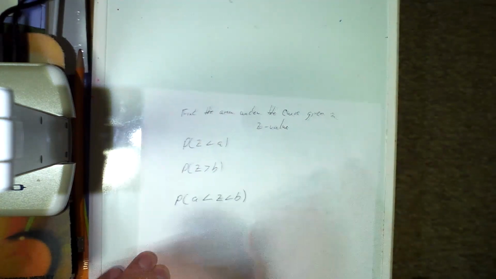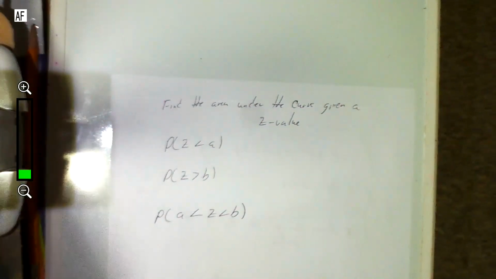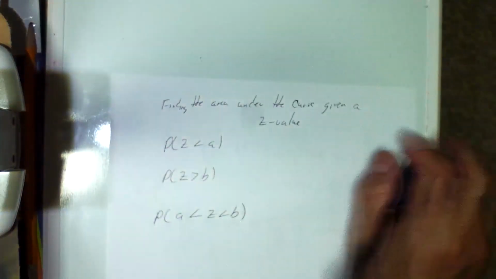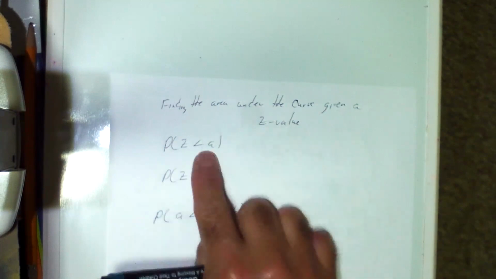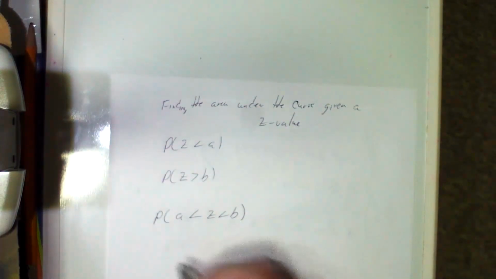That's what we just did. We were finding the area under the curve given a Z value. That's what that is.